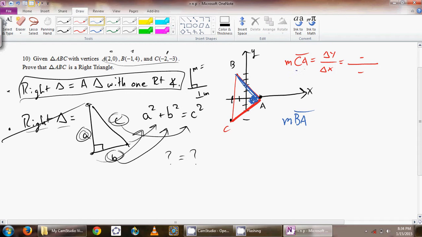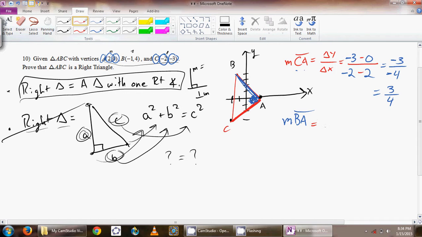I'm doing C and A. The change in my y is minus 3 and 0, then my x is minus 2 and 2. Well, negative 3 minus 0 is just minus 3. Negative 2 minus 2 is minus 4. This slope is a negative divided by a negative. It's a positive 3 over 4.